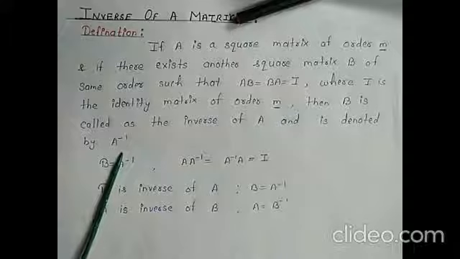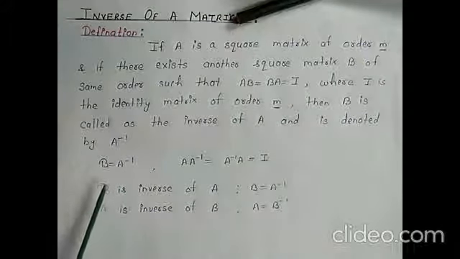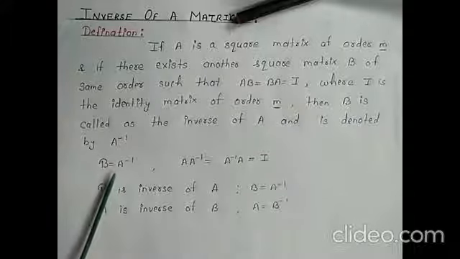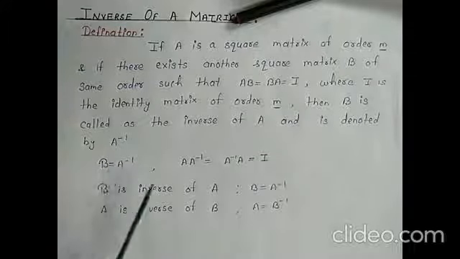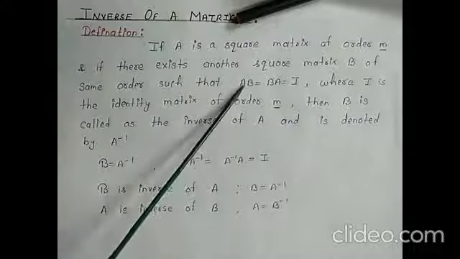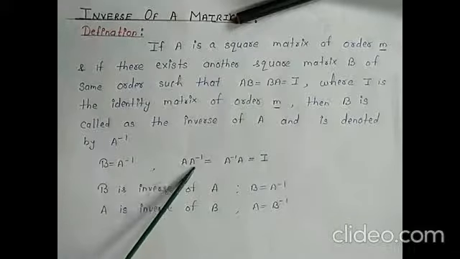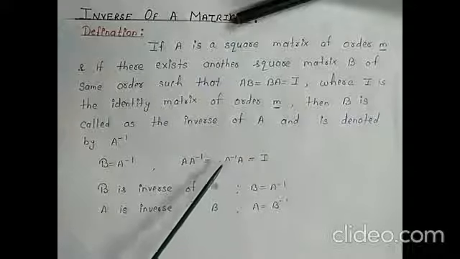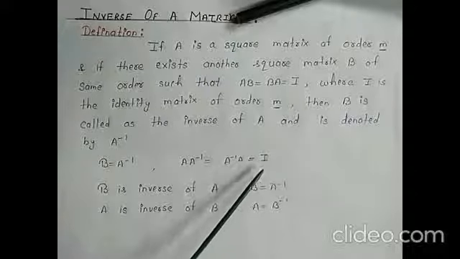Children, if B is inverse of A, we write B is equal to A inverse. That means in place of A into B, I can write A into A inverse, and here A into A inverse equals A inverse into A, which is equal to I. You can check it, children.